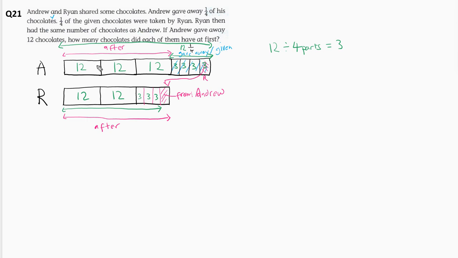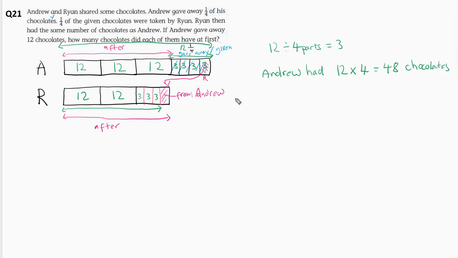So at first, Andrew had 12 times 4, which is 48 chocolates.